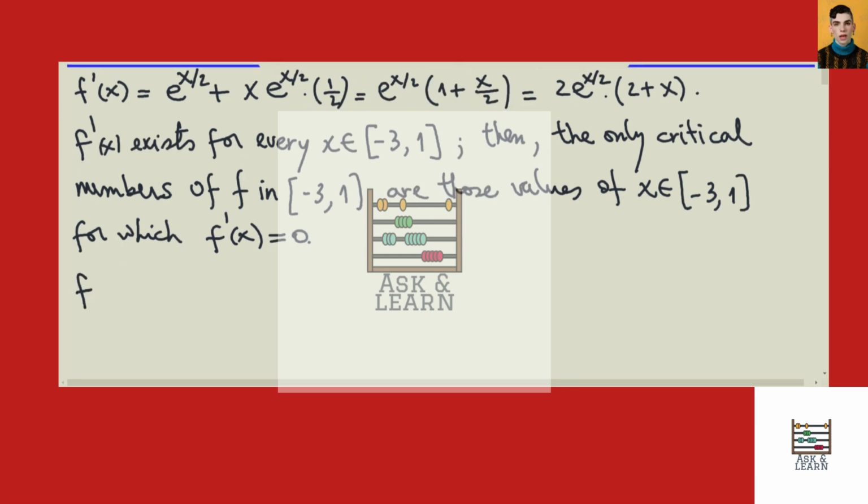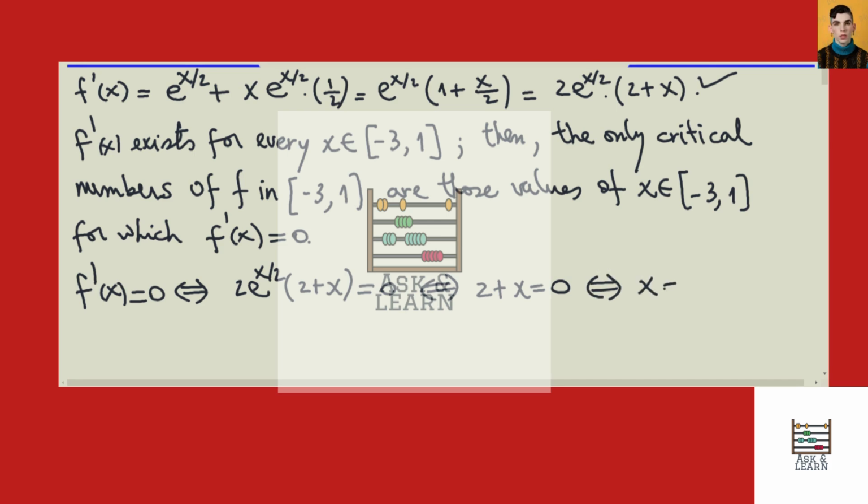So we've got to solve that equation, first derivative equals 0, and that's equivalent to the equation 1/2 e to the x half times 2 plus x equals 0, because the first derivative of f is given by this expression here. And we know that the exponential of x half is always positive, so it's equivalent to saying that 2 plus x is 0, and this is the same as x equal -2.